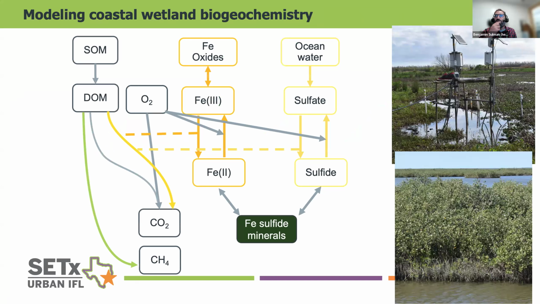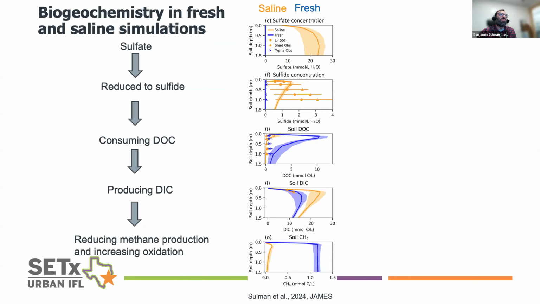We're also doing some biogeochemical simulations. So I mentioned these interactions between iron and sulfur cycling and methane production that occur in marshes, and we've coupled that into our E3SM land model simulation so we can simulate these redox interactions in the subsurface through a coupling with a reactive transport model. So just quickly going through how this works in practice. I'm comparing a saline versus a freshwater marsh simulation in this model.